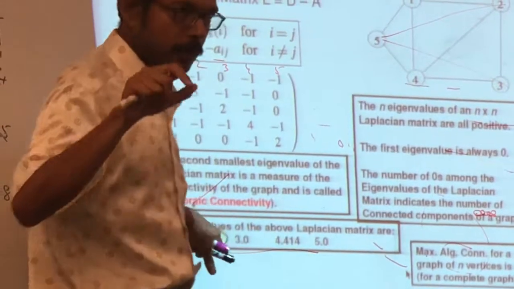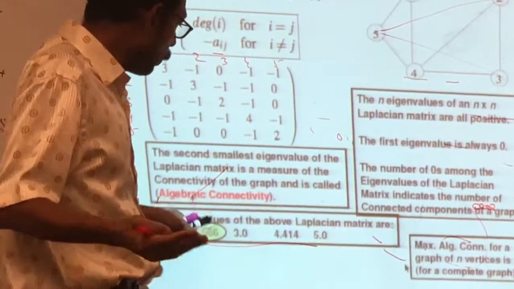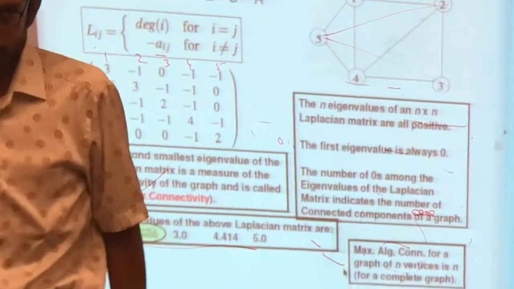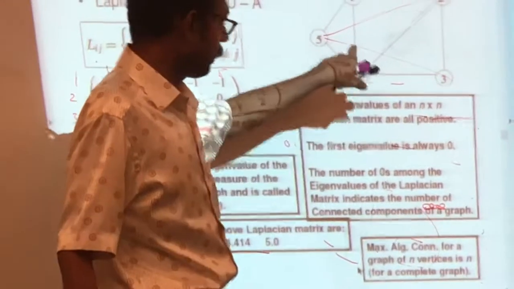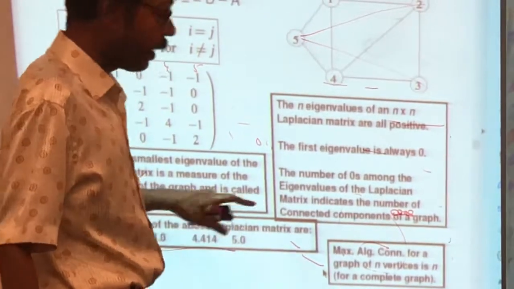Now, if you want to go further and have more feel of how well the graph is connected, I know it's connected, but how well is it connected, then just find out the number of vertices, or even look at this, the largest eigenvalue is also 5.